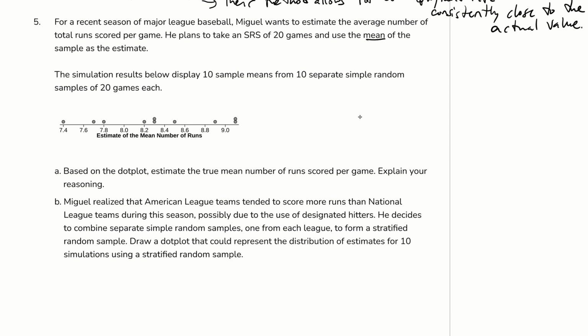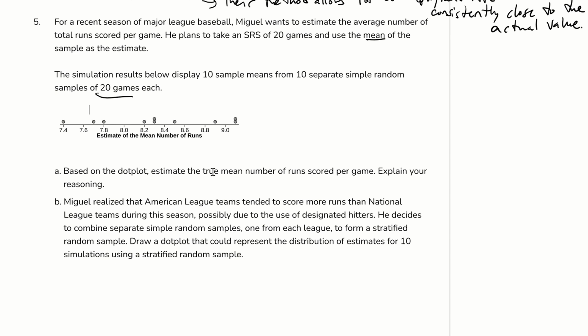Basically it's saying that each sample is 20 games. So he took 20 games and then he took the average of the results of those 20 games, and that represents one dot, and he did this 10 times, so that's why he's got 10 results. Okay, so that's what that's saying.